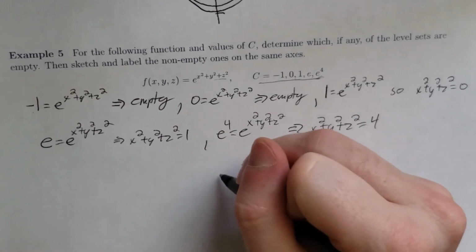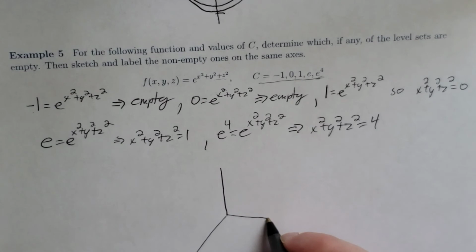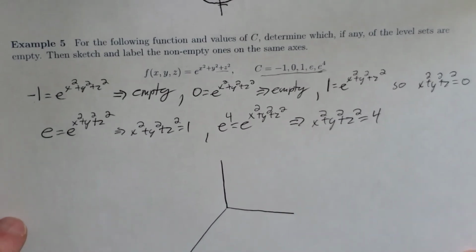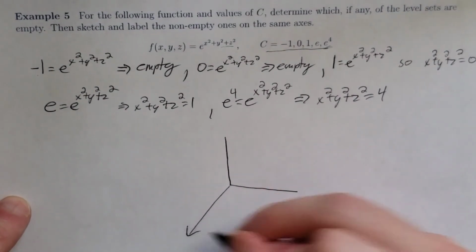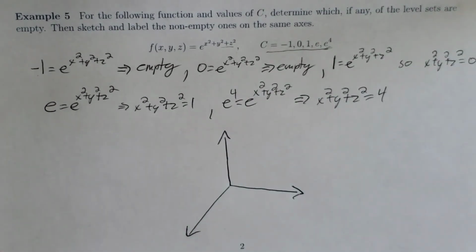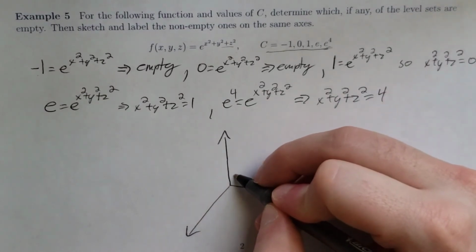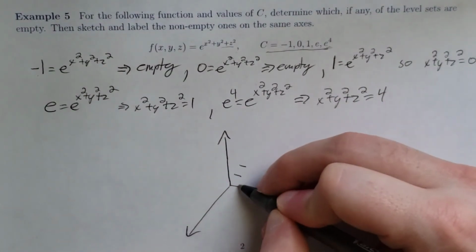So let's draw our level surfaces. This is the positive x direction, positive y, positive z. And we have two spheres here. We have a sphere of radius 1 and we have a sphere of radius 2.